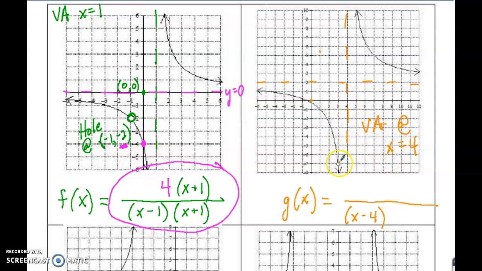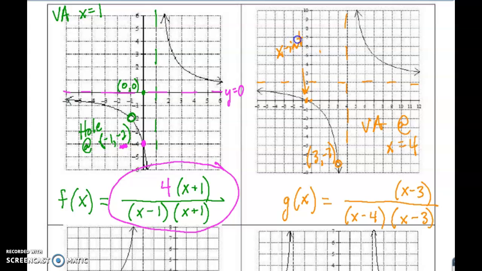Now I see the hole right here is at 3, negative 7. So I would say, okay, well, that needs to be a canceling factor. I don't know why I wrote plus 3 though. x minus 3 on top and bottom. Now as far as everything else goes, I'd probably want to identify this x-intercept, that's a pretty big deal.